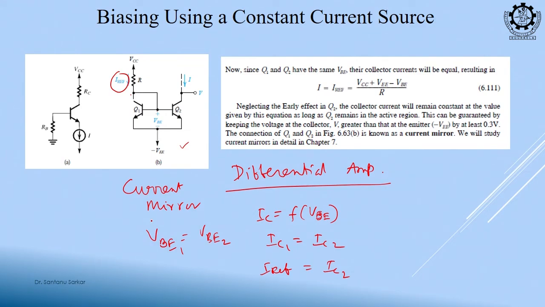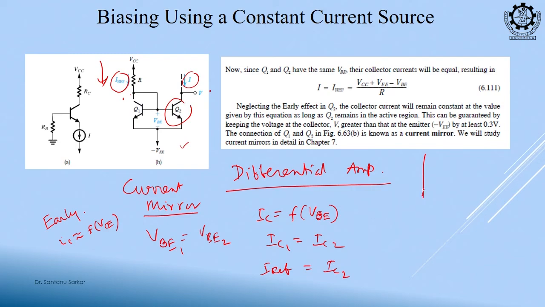So, what are they doing? They are mirroring the current. This branch, this current, is a mirror image of this current. Clear? So, this configuration is known as the current mirror. Will it be exactly the same? No, a little bit different it will be. Because of what, can you tell me? Because of the Early effect. With the Early effect, IC becomes a function of the collector potential, and the two collector potentials are different, right.